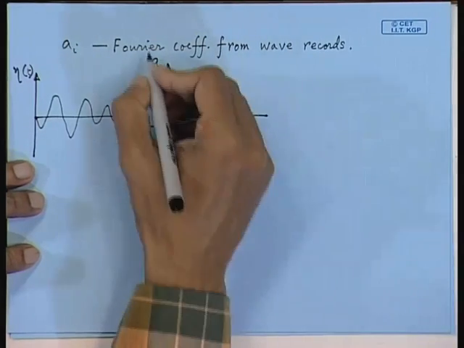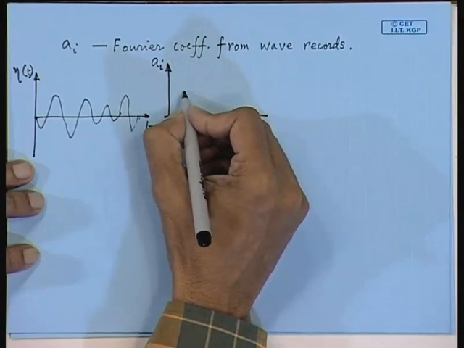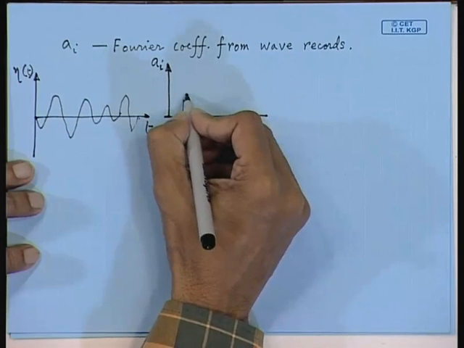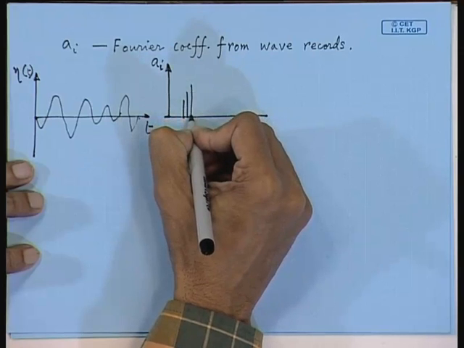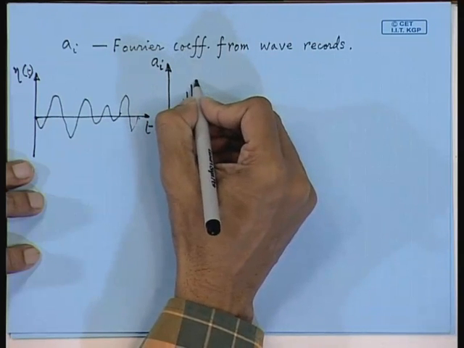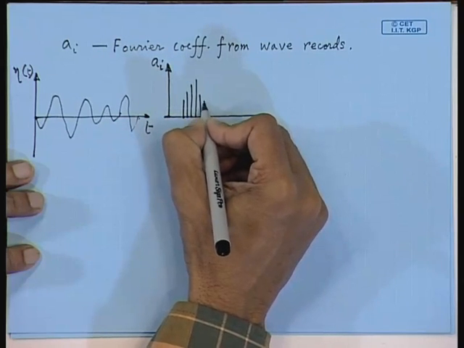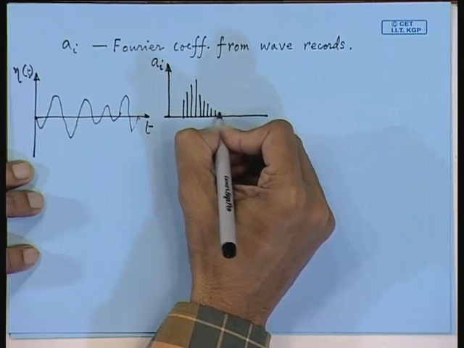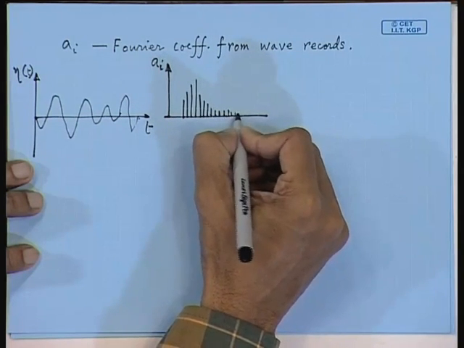So, you can write ai. Now, what you are doing is plotting some discrete frequency values. So, you will get discrete values at particular frequencies. Later on you will find that this is called a certain type of distribution. So, like this it will go on.